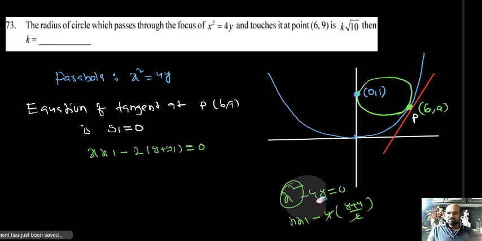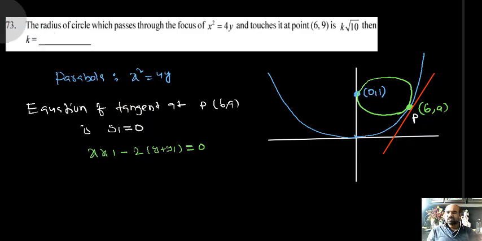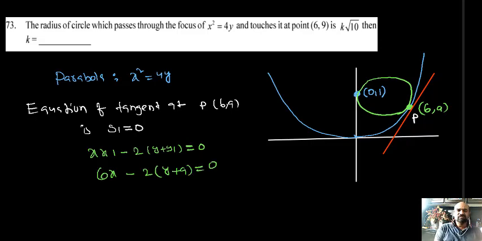So the point is (6, 9). Instead of x1, I should write 6. Instead of y1, I should write 9. 6x minus 2 times (y plus 9) equal to 0. I can divide throughout by 2 now. So 3x minus y minus 9 equal to 0, or I can say y equal to 3x minus 9.